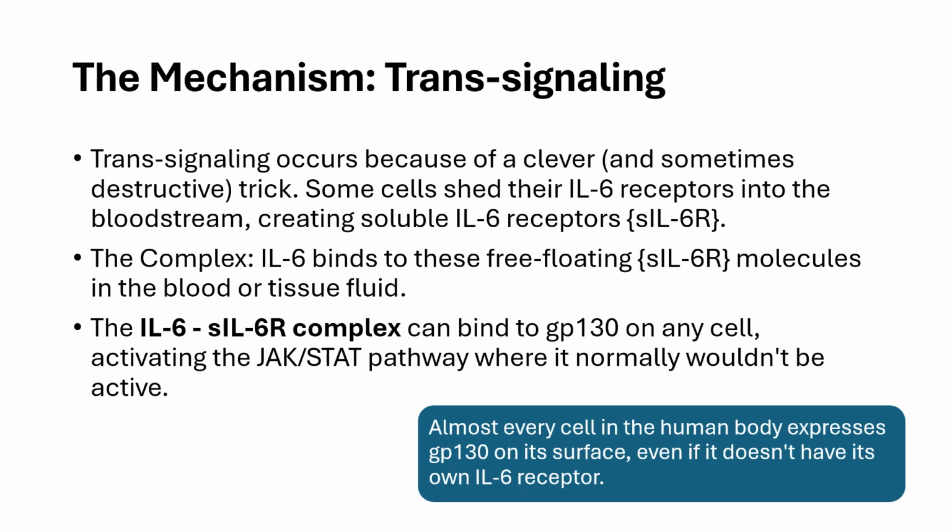When interleukin 6 binds to these free-floating soluble receptors, they both bind, but they still cannot activate because we need a second protein, GP130. Since it's soluble, it just roams around, and when it finds GP130, which is present in almost all cells, they attach and activate the JAK-STAT pathway, and this is very bad.